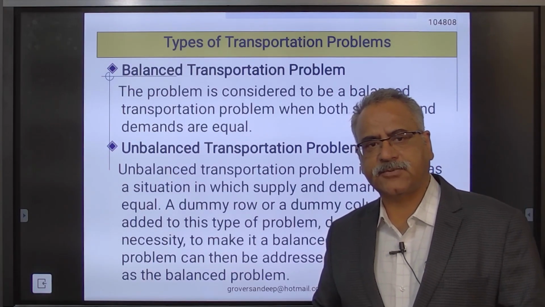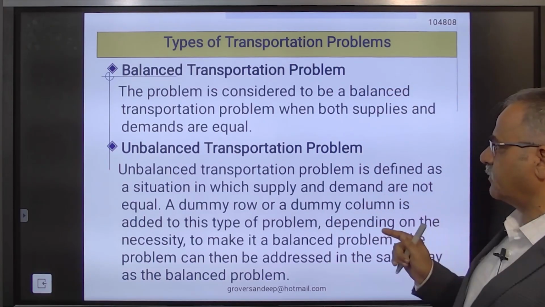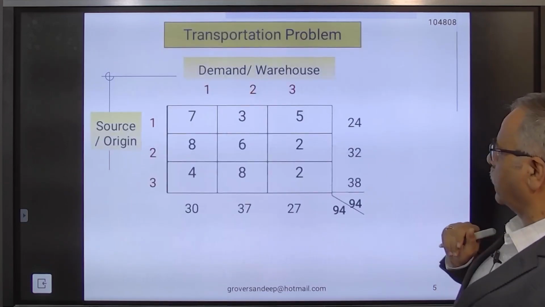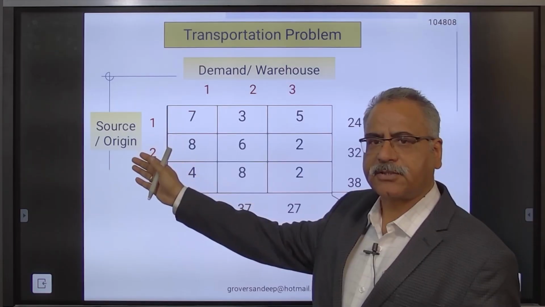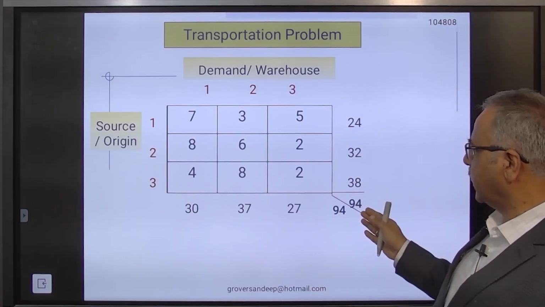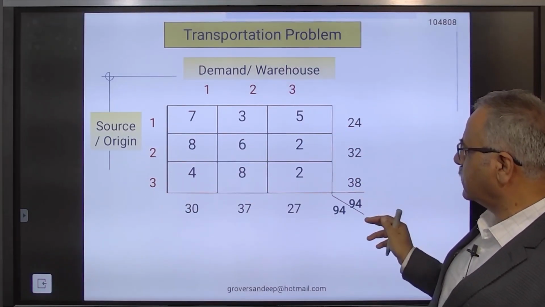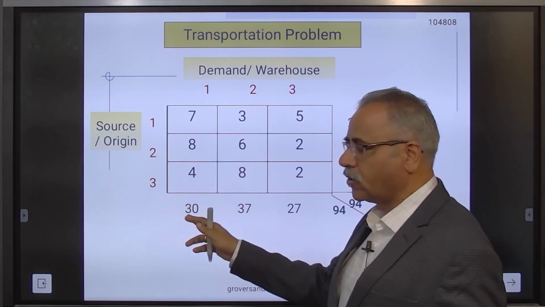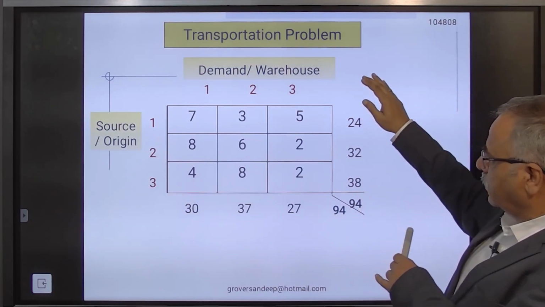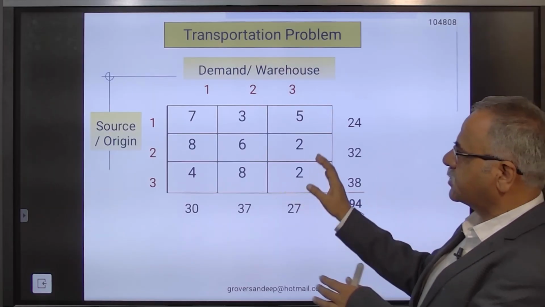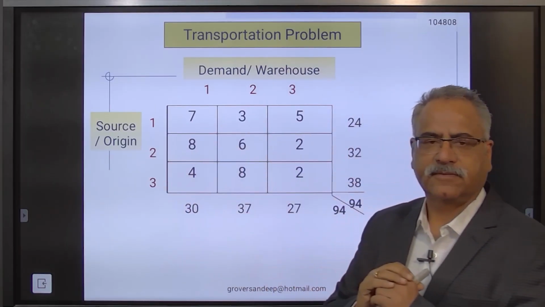A balanced transportation problem is one that we have seen previously, where the total capacity of the origins or plants, which is 94 in this case, is equal to the capacity of the warehouses, which is again 94. These capacities are equal, so that means all the units over here can be adjusted in all these cells.